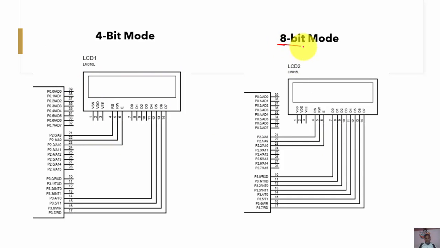In 8-bit mode, all 8 bits of the LCD are utilized to transfer the data or command to the LCD from the 8051 microcontroller, and as all 8 pins are utilized, all 8 GPIO port pins associated with port P3 are engaged for the data transmission or displaying the content on the LCD, or in short in LCD interfacing.